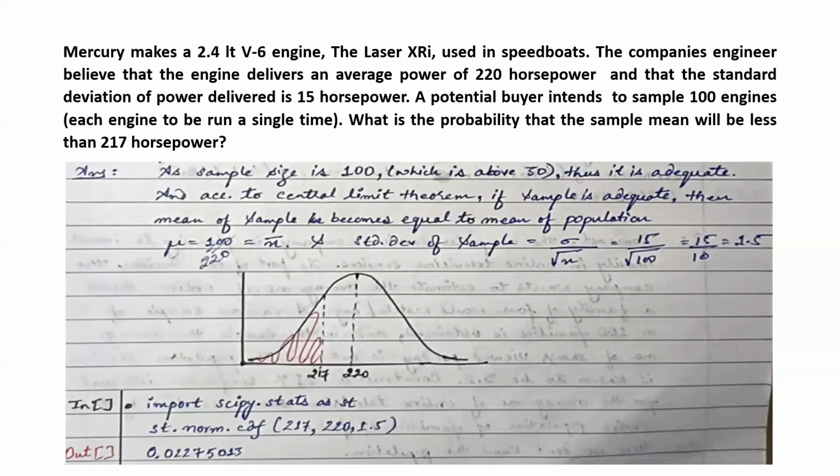Now we have the sample mean, we have the sample standard deviation, and we know the x value. So we can easily calculate this probability using the CDF function. Let's do it on Jupyter Notebook.